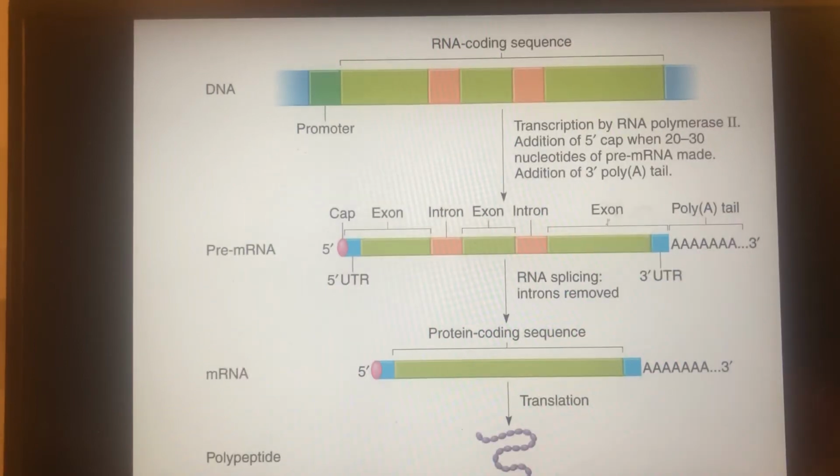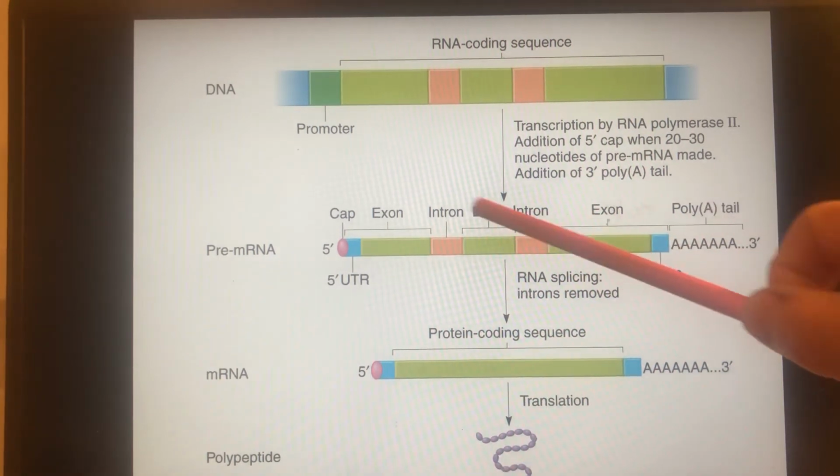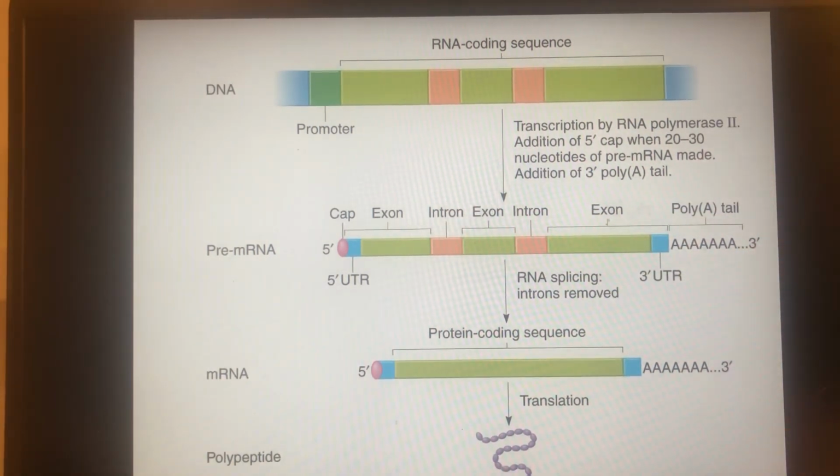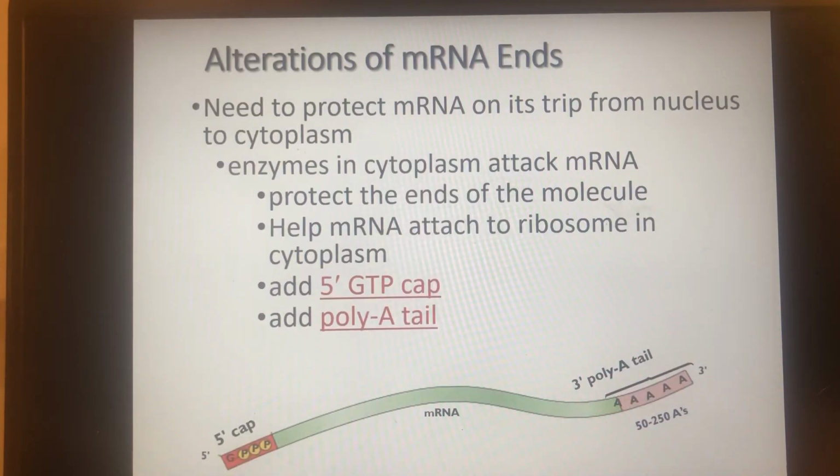It's what we would say a non-coding region. So when it's done, these introns are removed and it goes out in the cytoplasm with only the exons and the 5' cap and the poly A tail.